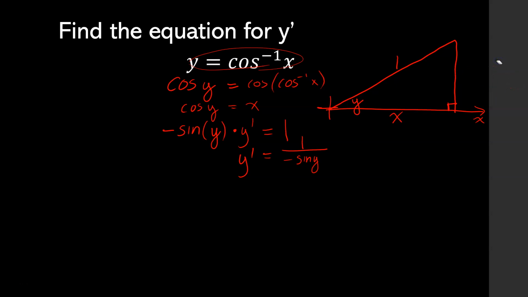How do we get that? x squared plus this side squared is going to be 1, so this side is the square root of 1 minus x squared. So the derivative of inverse cosine of x, moving the negative to the numerator, with sine of y being the square root of 1 minus x squared over 1, is negative 1 over the square root of 1 minus x squared.